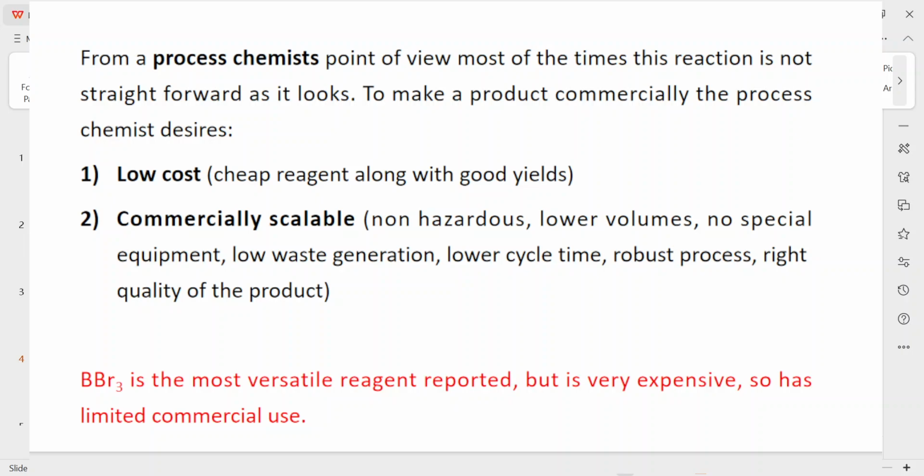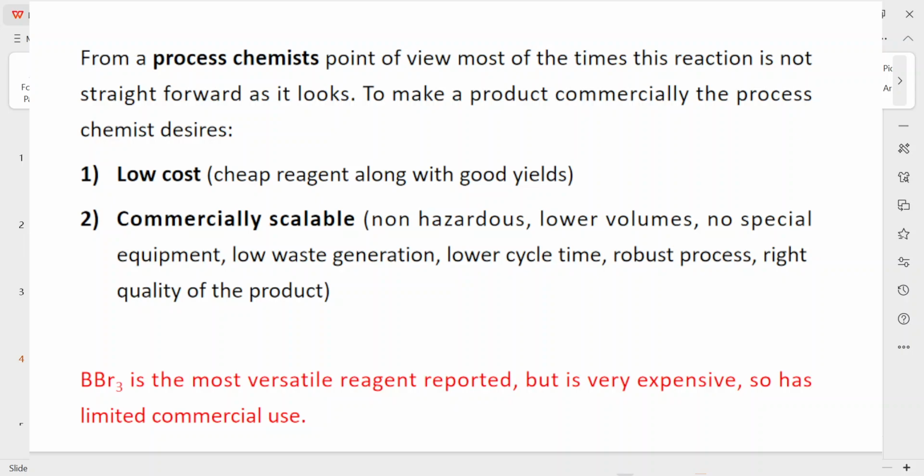From a process chemist's point of view, what he keeps in mind is that he has to commercialize the product, and so an important part is the cost. He has to keep the cost low, and he also has to carry out the product on a commercial scale, which is a scale bigger than the lab. If he keeps these things in mind and develops the process accordingly, he has a good chance of a very good process for commercialization.